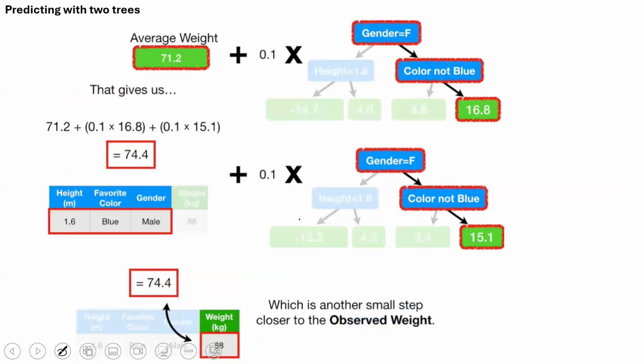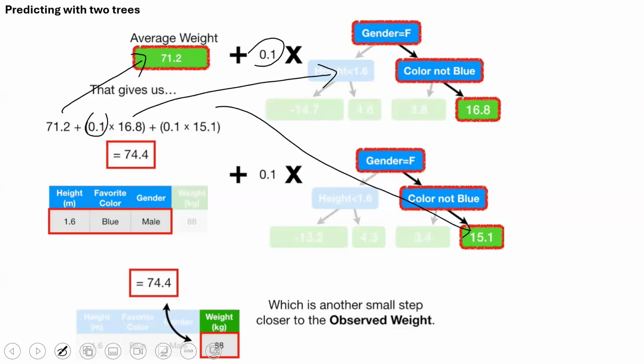Okay, now if you look at this, the total tree would look something like this. Now if you get any new record, or you take the first record, and you calculate the weight by using these three trees, it comes down to 71.2 by the leaf node, plus 16.8 by the first tree multiplied by the learning rate, plus 15.1 by the second tree, and the learning rate is 0.1.